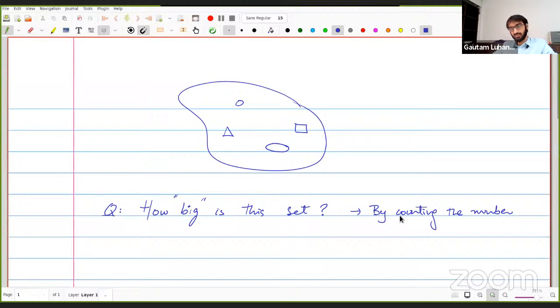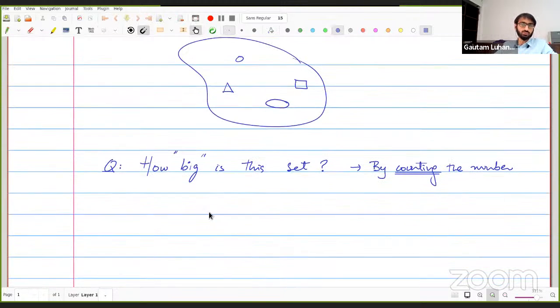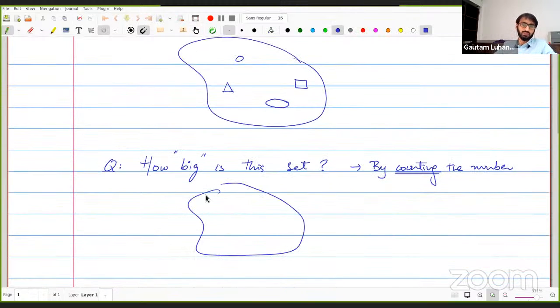And this idea of counting, we're going to come back to: how exactly do we count? So this seems to work. Now if I give you another set, and I put down another few objects, perhaps a couple of similar objects, again this is simple, you can just count.